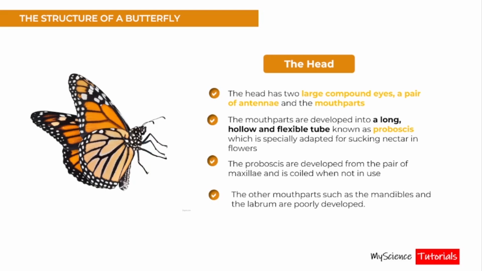The mouthparts are developed into a long, hollow, and flexible tube known as proboscis, which is specially adapted for sucking nectar in flowers. Their proboscis is developed from their pair of maxillae and is coiled when not in use. The other mouthparts, such as the mandibles and the labium, are poorly developed in butterflies.